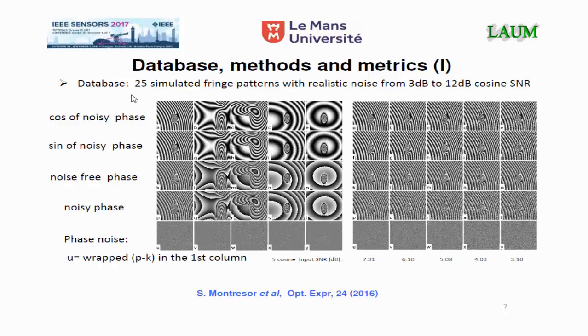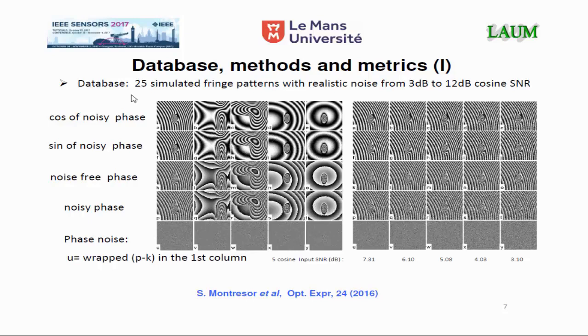On the right images, for the first interference fringe motif, you can see all the signal-to-noise ratios that can be computed. For example, on the T image, you have the noisy phase, and on the E image, you have the cosine of the noisy phase.